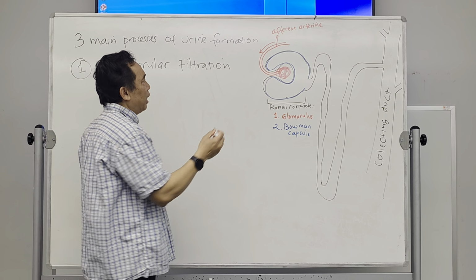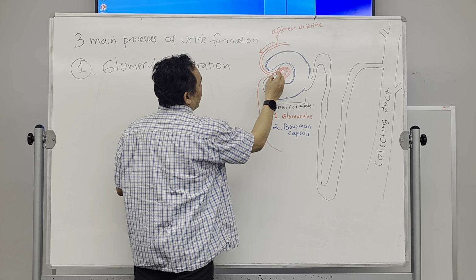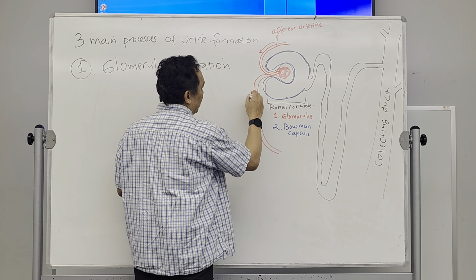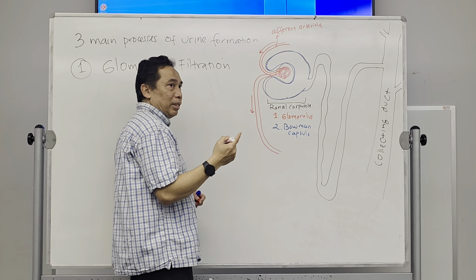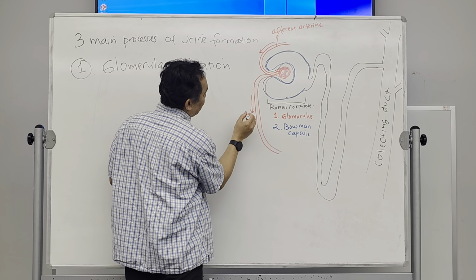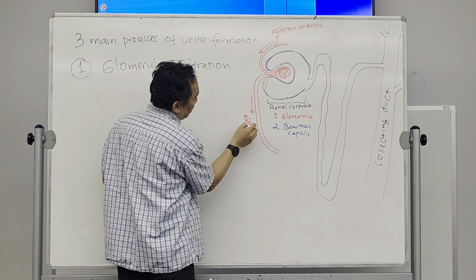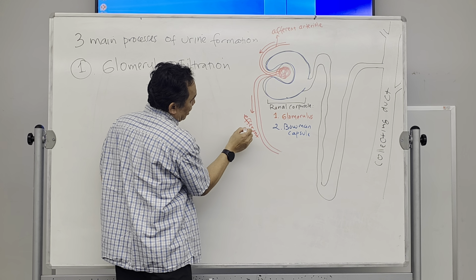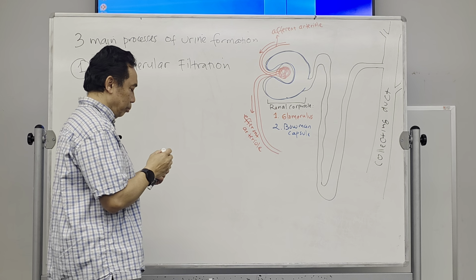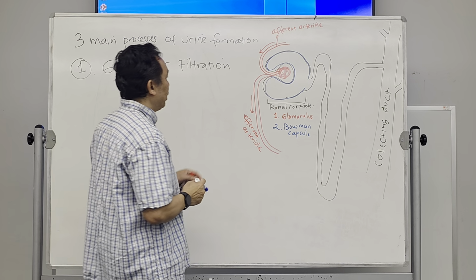And then the one that exits from this glomerulus, going this way, that blood vessel starts with E, exit. So this one is the efferent arteriole. Okay, we go here first.